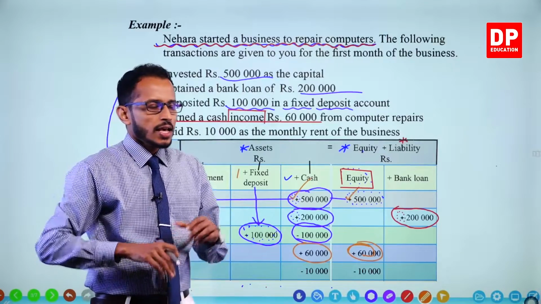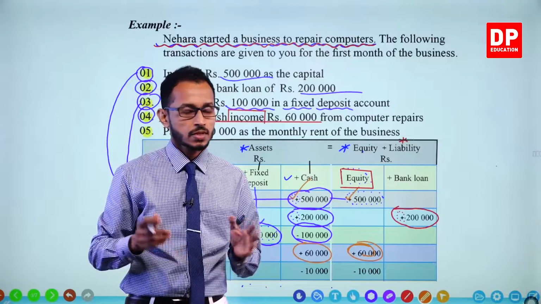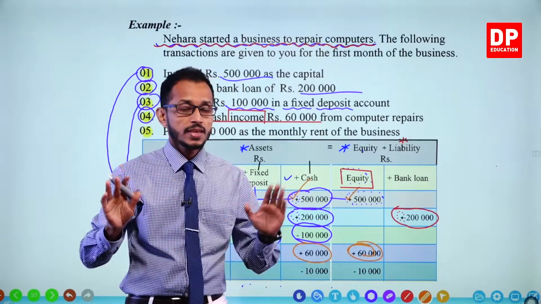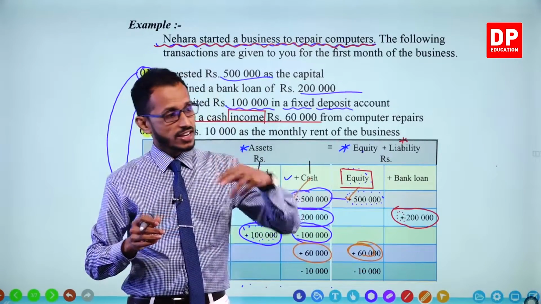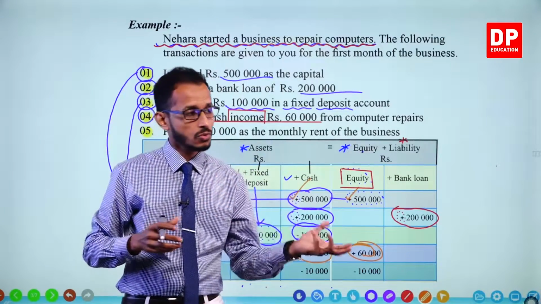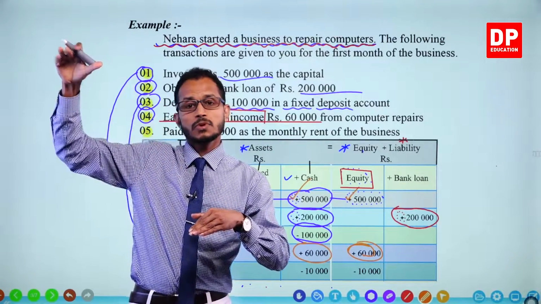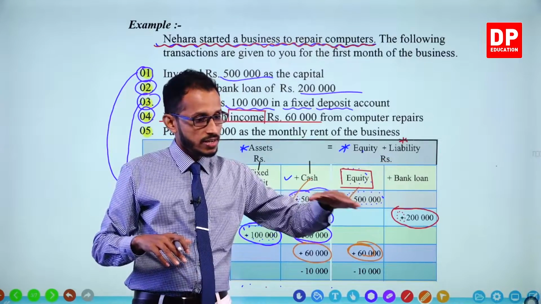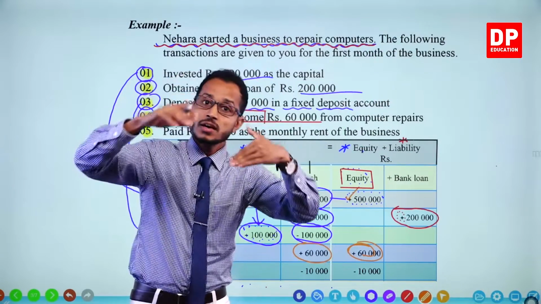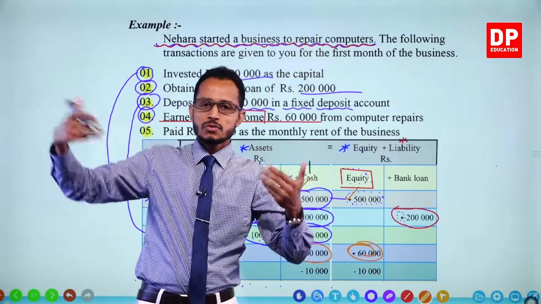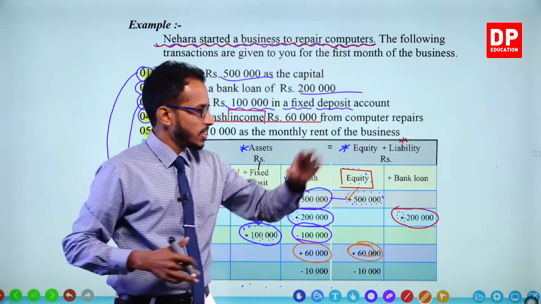Children, incomes are like profits. Income is not profit, okay? But incomes are financial benefits or inflows of cash which increase profits. The more incomes we have, the more profits there will be in our business. So profits belong to the owner.